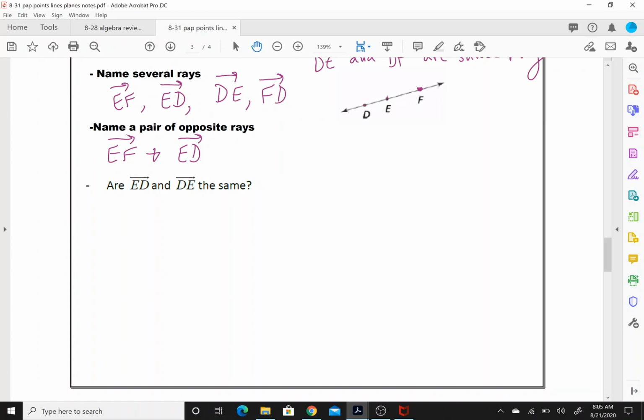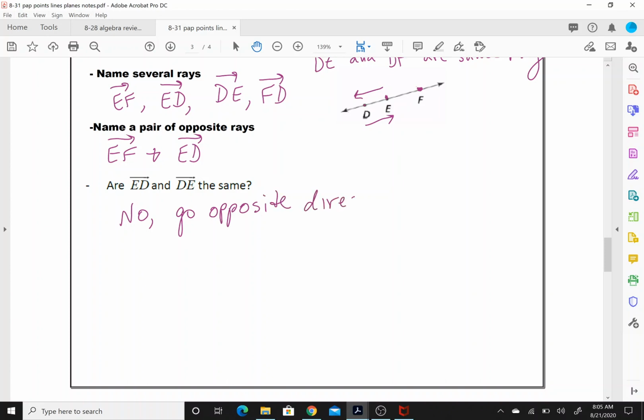Okay, next example. It says, are ray ED and DE the same? Well, look at it. ED goes this way and DE goes the other way. So are they the same ray? No. They go opposite directions.